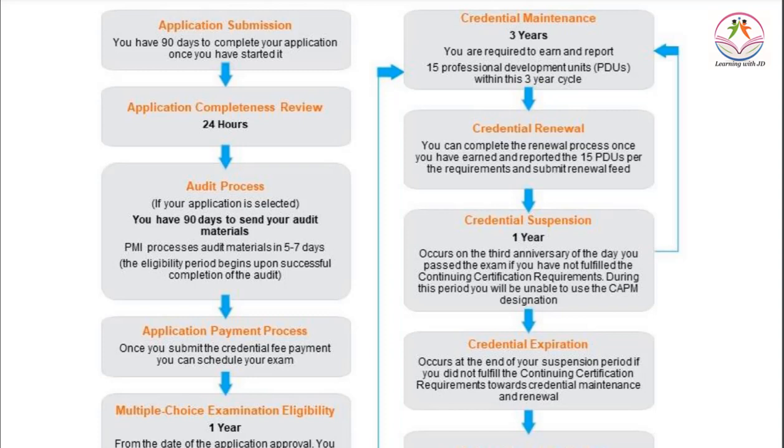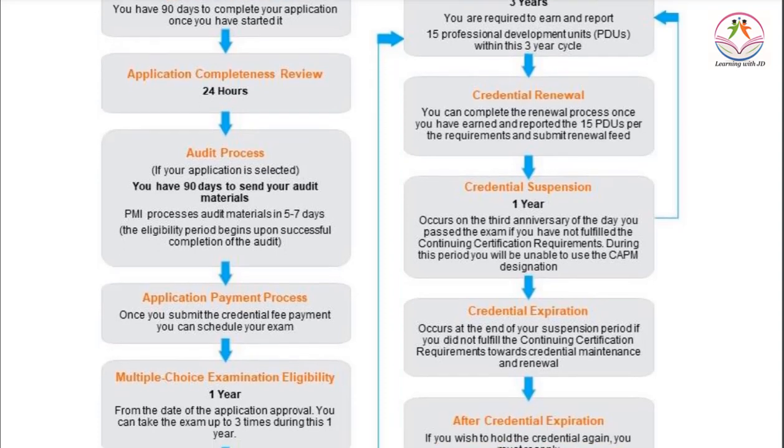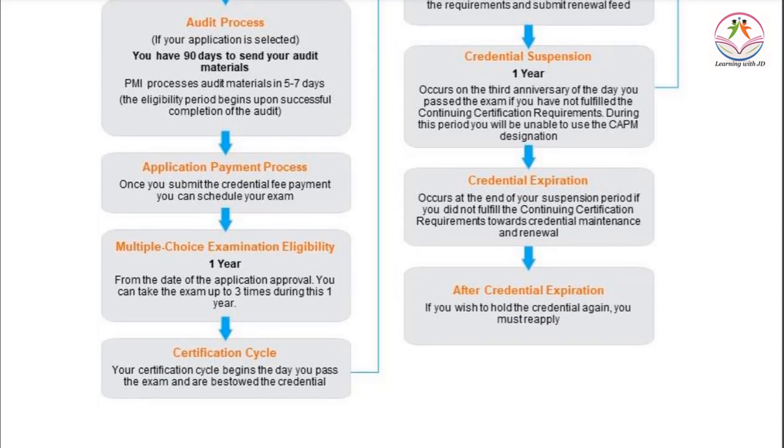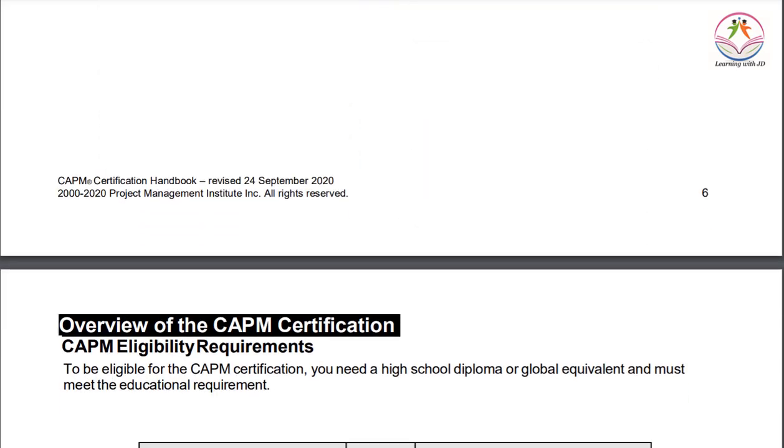Then credential expiry occurs at the end of the suspension year. If you have still not completed your CCR, your credential expires. After the credential has expired, if you wish to hold it again, you must reapply. So that's the complete process of your CAPM examination.